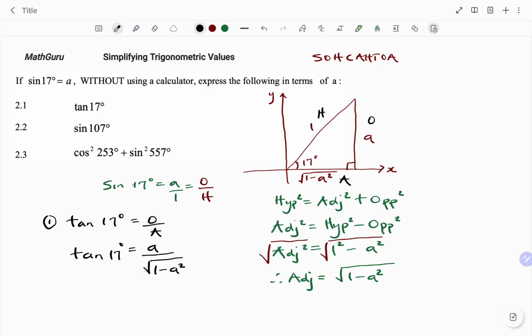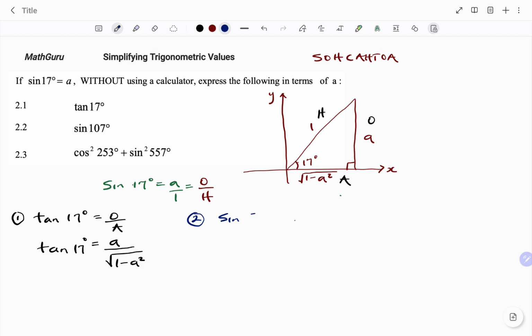The second part of the question says find the value of sine 107 degrees. So I have sine of 107 degrees. I'm going to use my reduction to break that down. If I go back to my CAST diagram, C, A, S, and T, in the first quadrant I have theta, in the second quadrant I have 180 degrees minus theta, or 90 degrees plus theta.